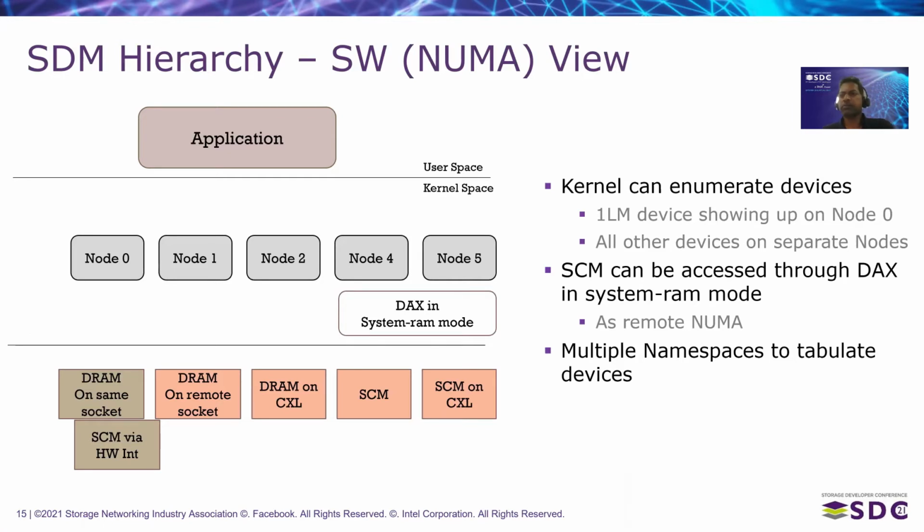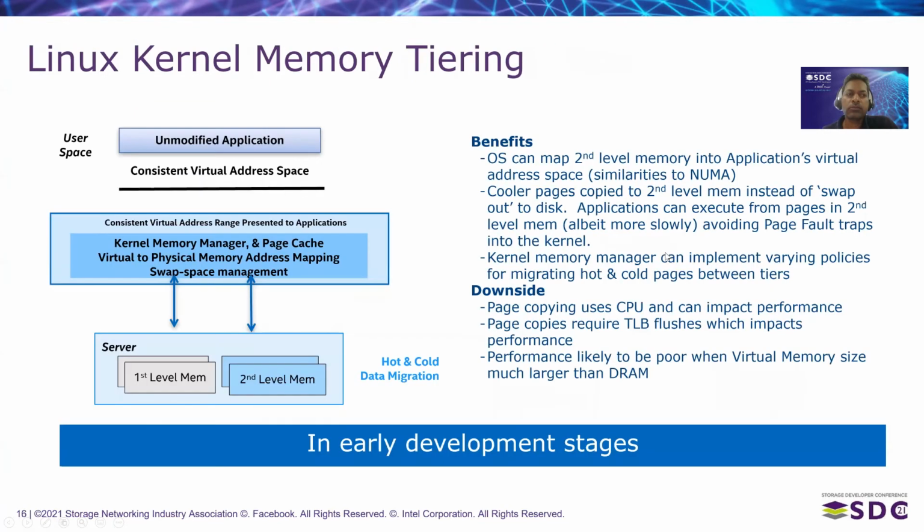So let's take a look at the Linux kernel memory tiering as one example of how we can consume the memory that is available in a platform. If the server has 1LM and 2LM memory, the kernel can manage both types of memory transparently. And then, of course, through page caching, it can provide a consistent view of the aggregate capacity, using the virtual address space that the application can consume.